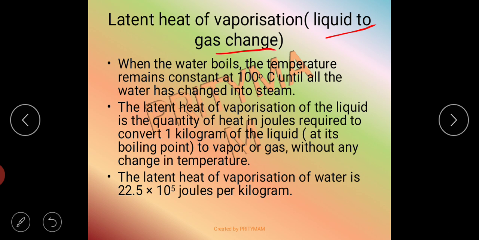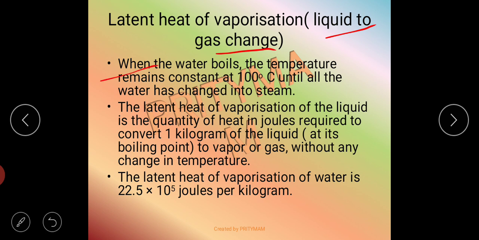If we heat this water using the burner and note the temperature every minute as the heat is given, the temperature of the water rises gradually until 100 degrees Celsius is reached. And at the temperature of 100 degrees Celsius, the water starts boiling and starts changing into steam.